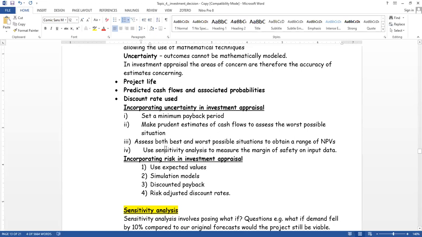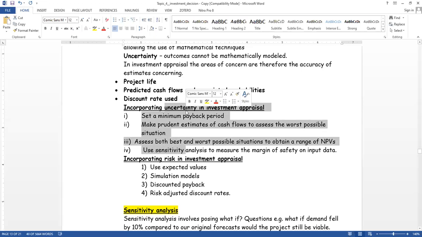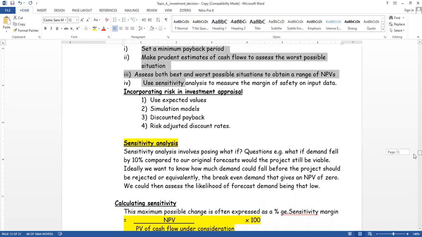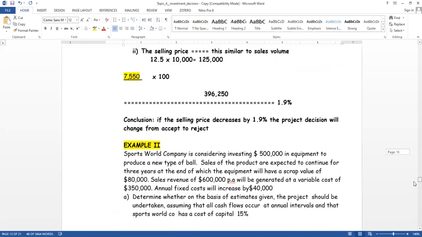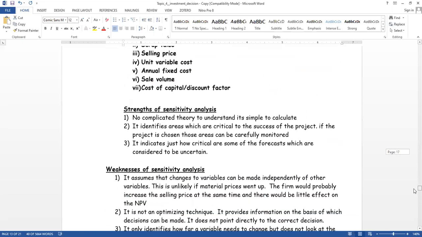Of course, with sensitivity, we are looking at how to incorporate an uncertainty. Because remember when we were beginning, we said that with risk, you can attach probabilities and be able to predict the outcome. But for an uncertainty, it is not possible. You cannot mathematically model the outcomes.